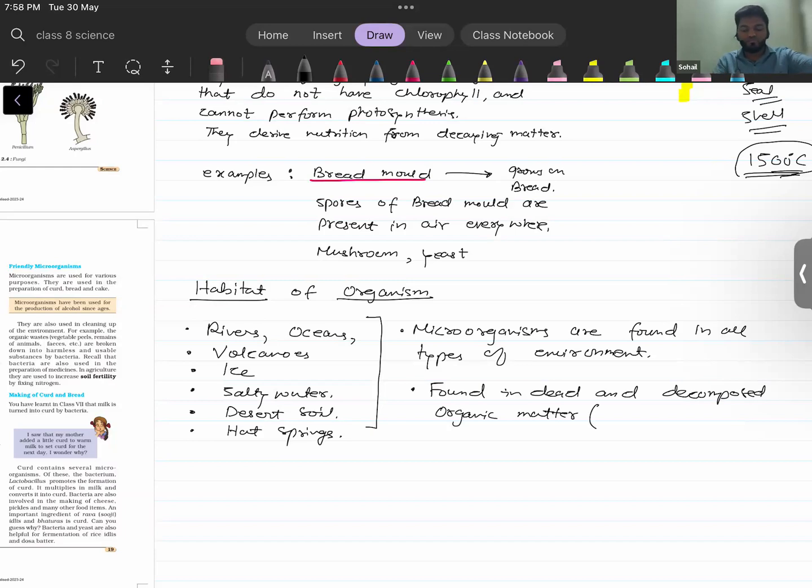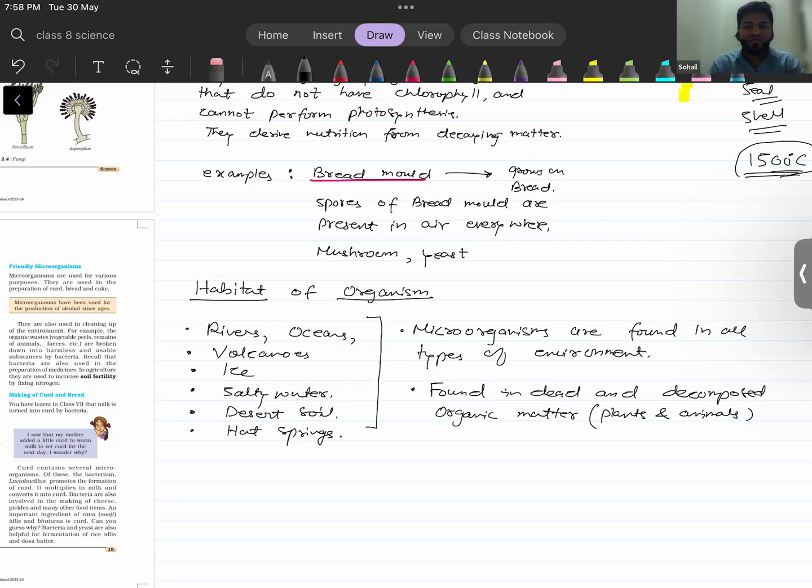Organic means natural, or something that comes from plants and animals. So the habitat of different microorganisms can be in decomposed plants and animals also.